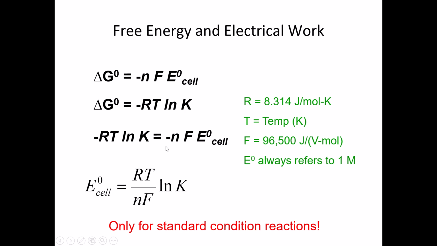So dividing by our minus nF over here, we get positive RT, where R is our gas constant in energy units, T is our temperature in Kelvin, over n, number of electrons transferred, times F, our Faraday, times the ln of our K equilibrium. This is only going to work at standard conditions, so we have the standard 0. Okay, only at standard conditions. We'll talk about non-standard too.